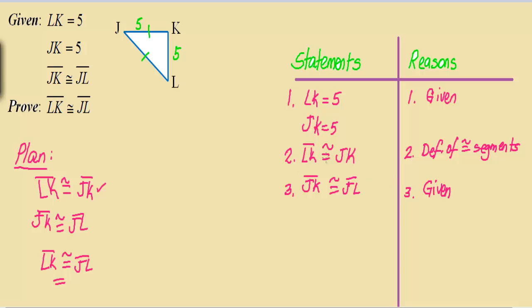And all of a sudden, I see a connection here. Segment LK is congruent to segment JK, and segment JK is congruent to segment JL, so I can conclude that segment LK is congruent to segment JL. And I can do that by the transitive property of congruence.